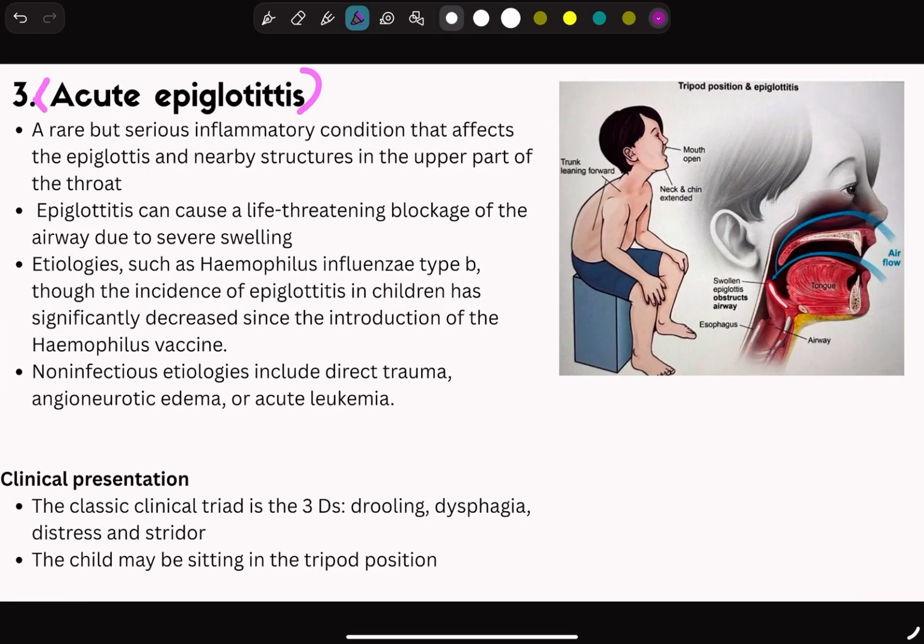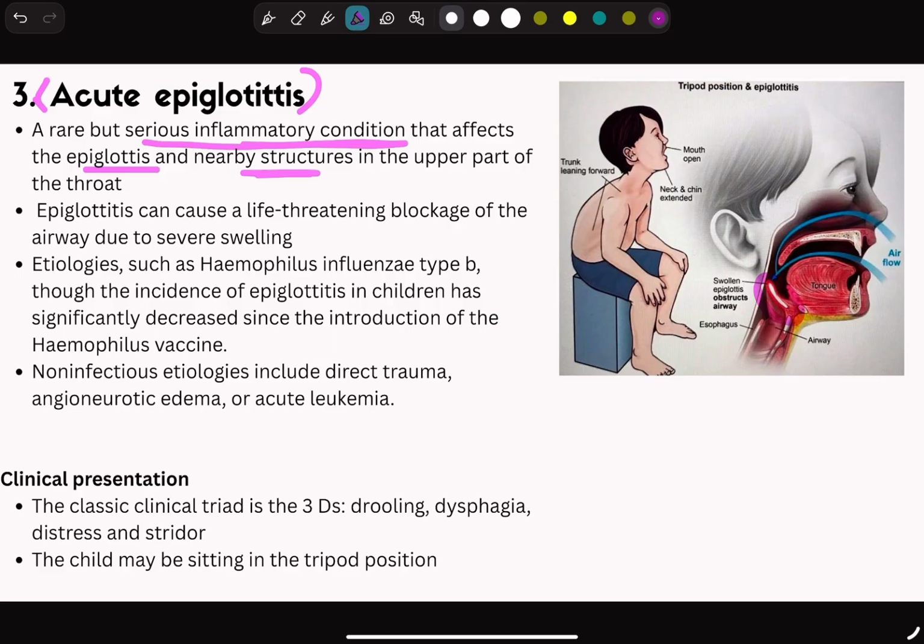Acute epiglottitis. So what is acute epiglottitis? So we've got the epiglottis, which is basically a part of the larynx, which is responsible for the voice. So it is the upper part of the larynx. It is actually a serious infection that affects the epiglottis and the nearby structures.